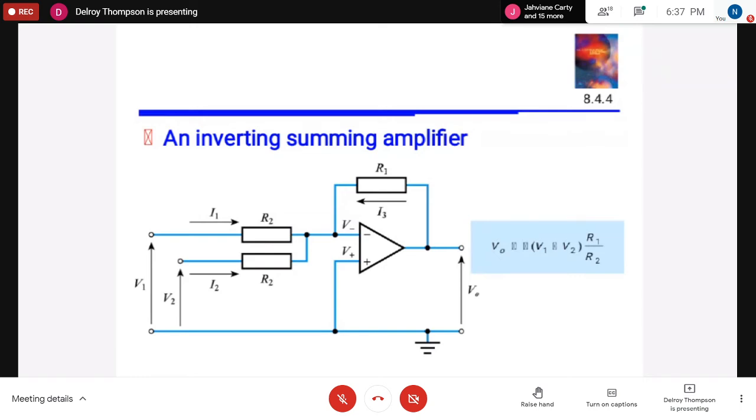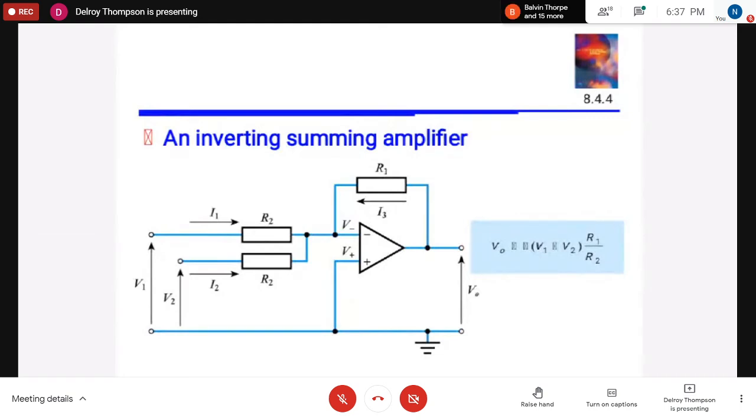Hence, applying voltage V1 to input 1 means we have current I1 flowing through the resistor R1. We're changing this to R1, right? Yes, sir. So we have I1 coming out of R1, right? Yes, sir. Cool.